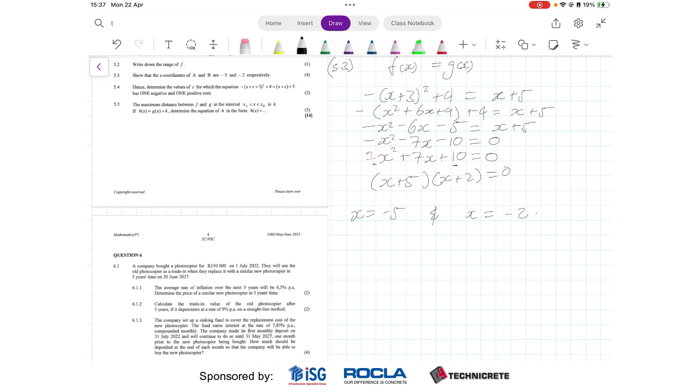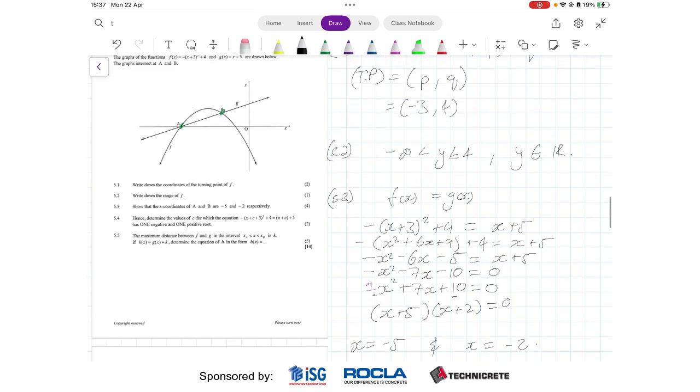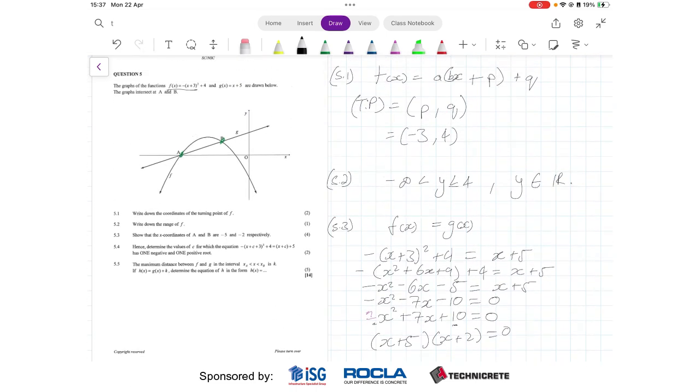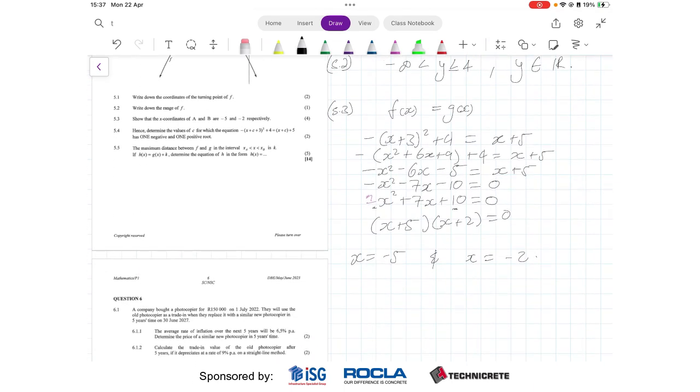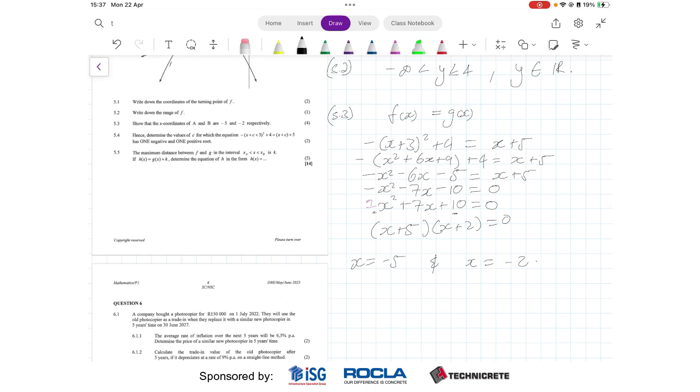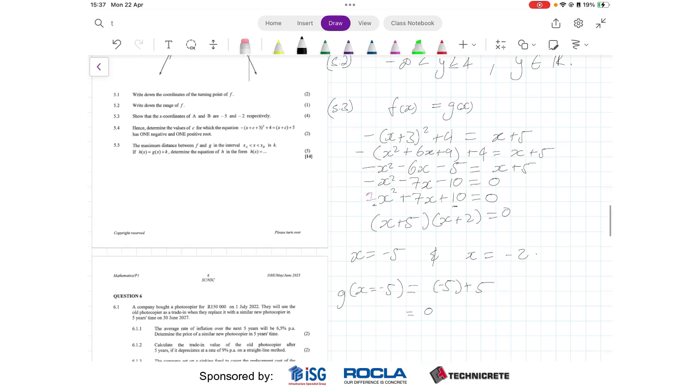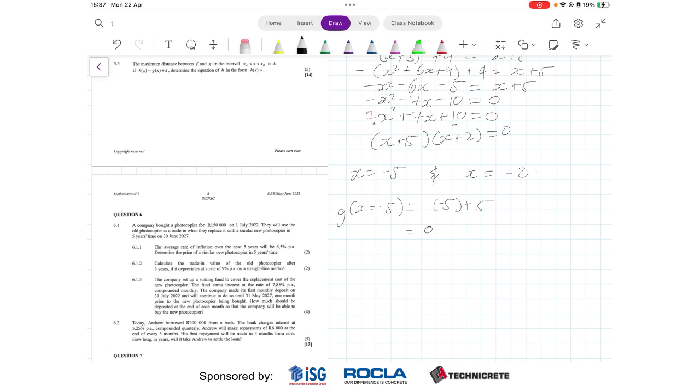Now from here, we can pick either f(x) or g(x) and plug in our values of x. The easiest one would be g(x). Plugging in x = -5 gives -5 + 5, which is equal to 0, which tells us that the coordinate A is (-5; 0).